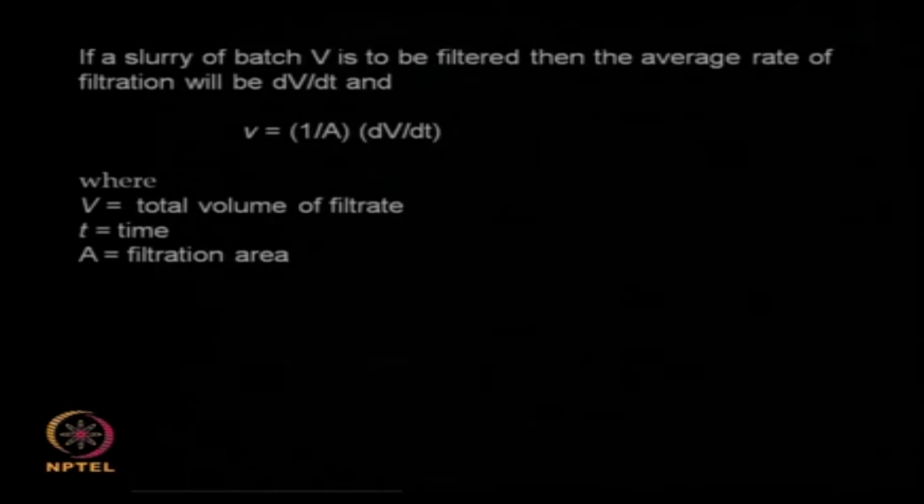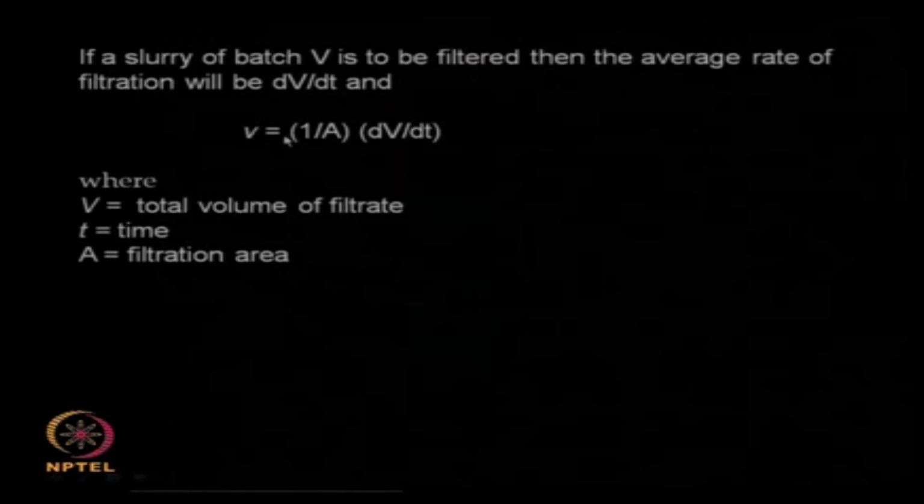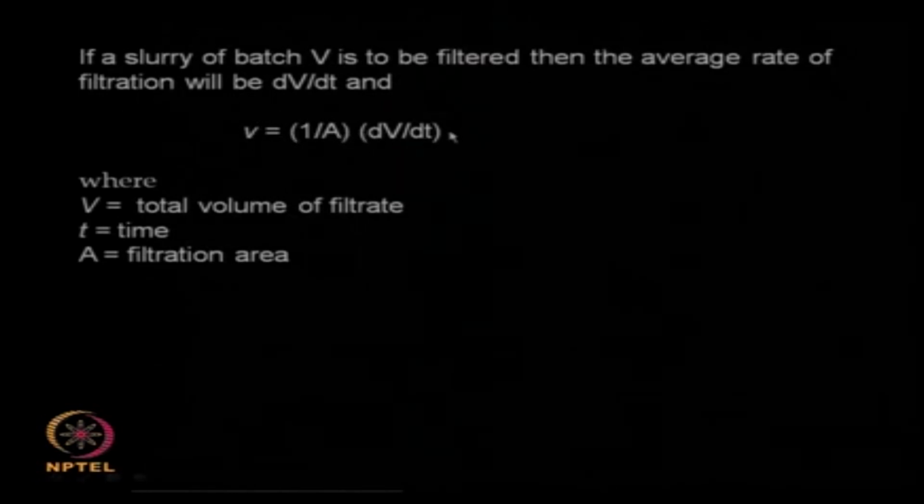If you are looking at the velocity of flow through a bed and the volume of the liquid that needs to be filtered, then the velocity and the volume are related: velocity is equal to dV by dt, where V is the volume and t is your time. So dV by dt is the average rate of filtration, and the whole thing is divided by area. A is the filtration area.